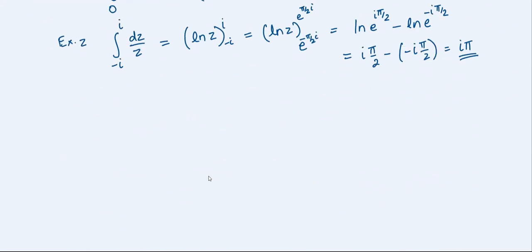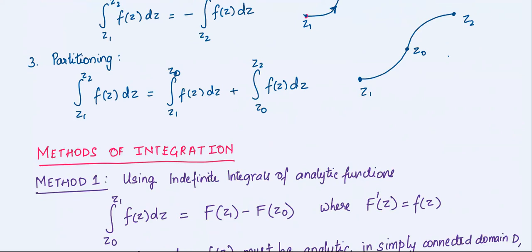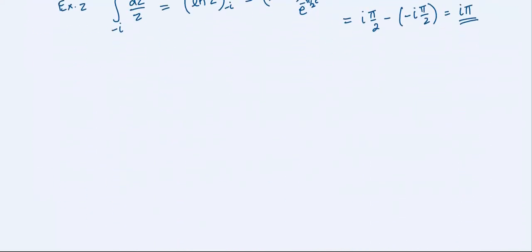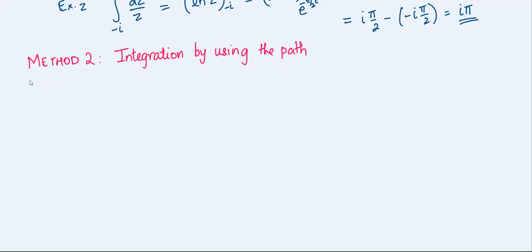So this is the first method of integration. Just directly apply the antiderivative and substitute. Now, the second method is integration by using the path. This we will use very commonly.